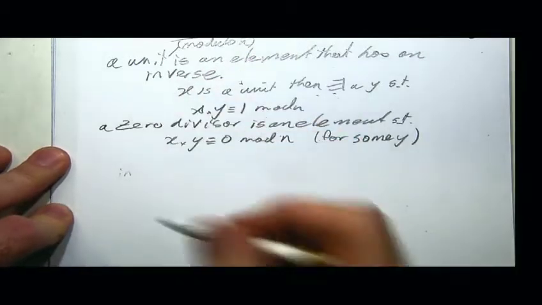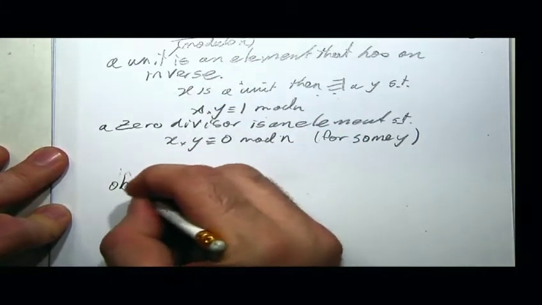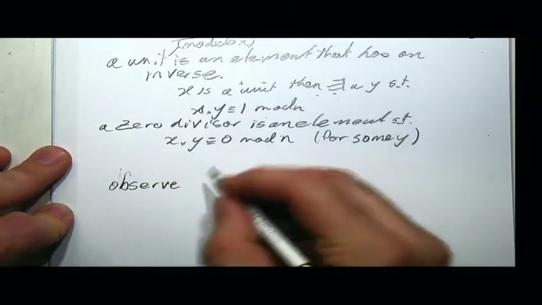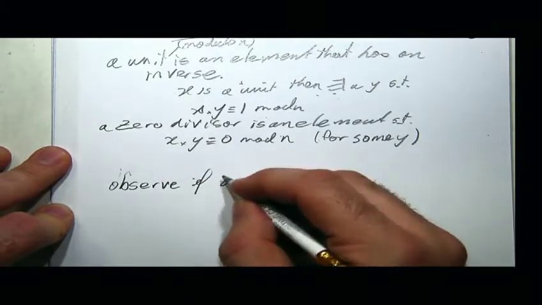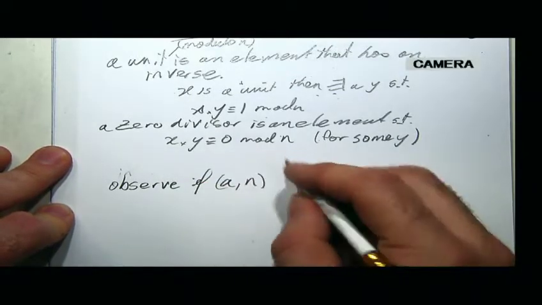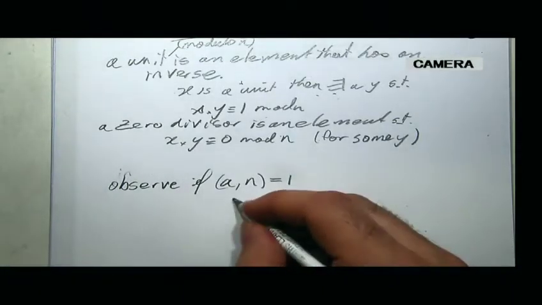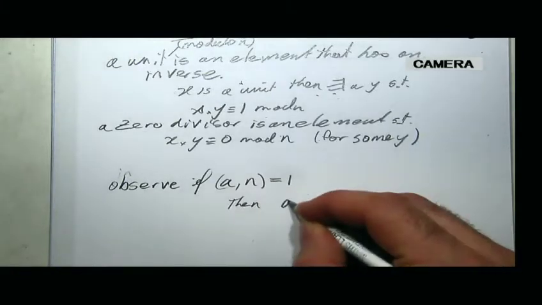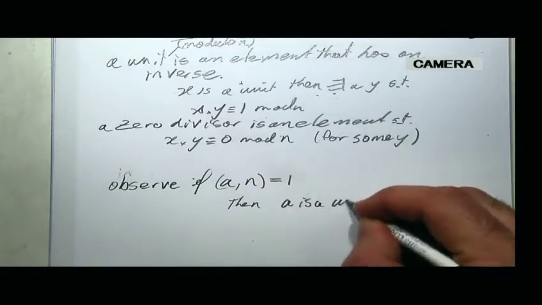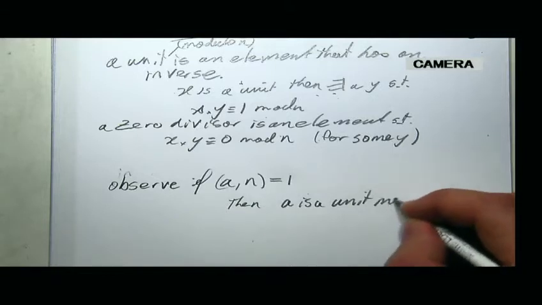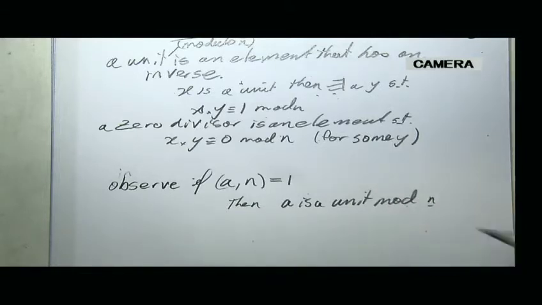So first thing we've got to observe, so if my A and N are relatively prime, then A is a unit mod N. Okay?